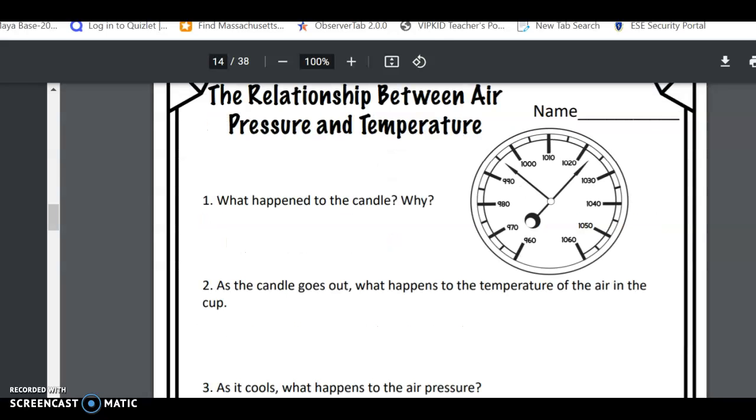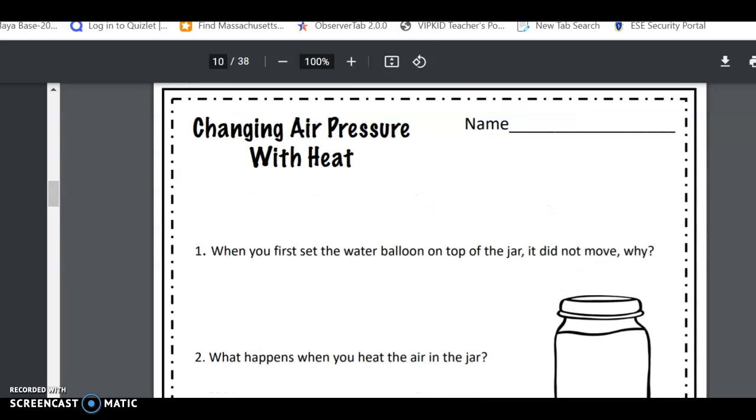Lab number 2 is called The Relationship Between Air Pressure and Temperature. And lab number 3 is called Changing Air Pressure with Heat. So you're going to watch the second video, which is a combined version of all 3 of the experiments we'll be doing in class this week, and then fill out the lab sheets as you watch the video and bring all 4 of these papers back to school with you.